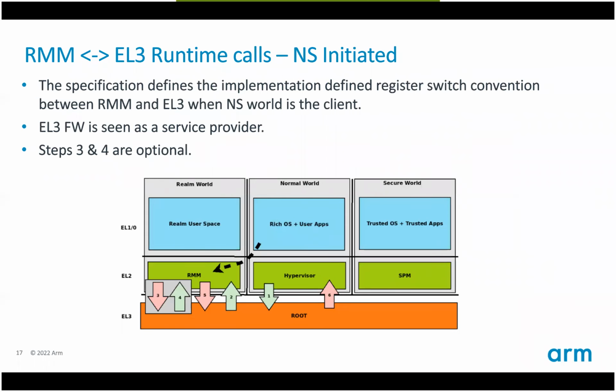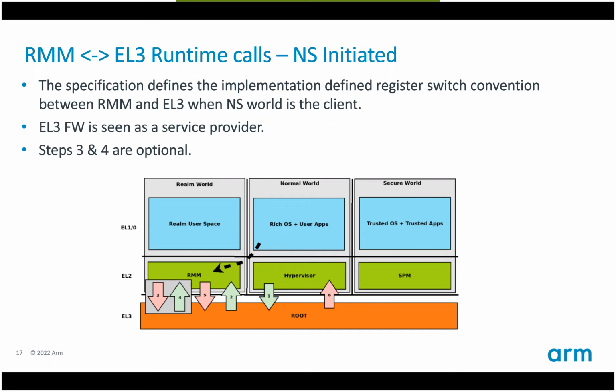Then we have the scenario in which the normal world wants to make a request to the RMM. So in this case, the normal world cannot make the request directly to RMM. So instead, it needs to use EL3 firmware as a conduit.